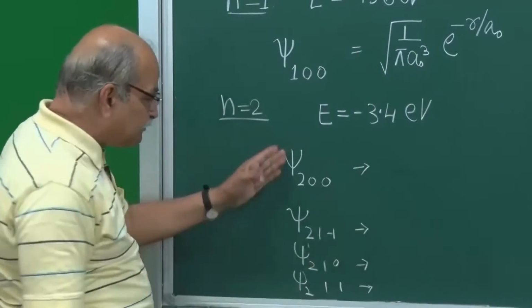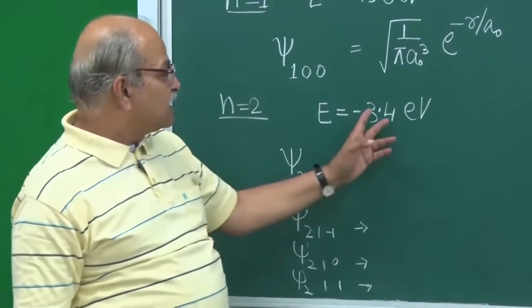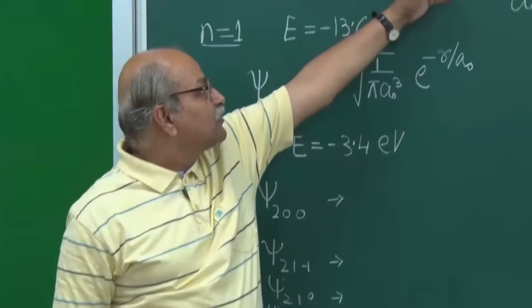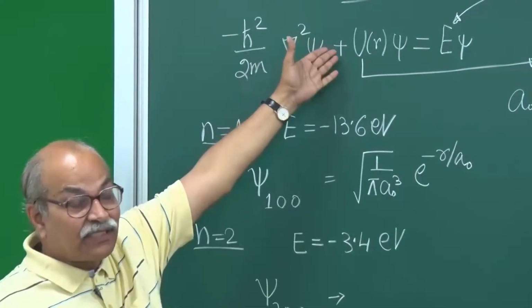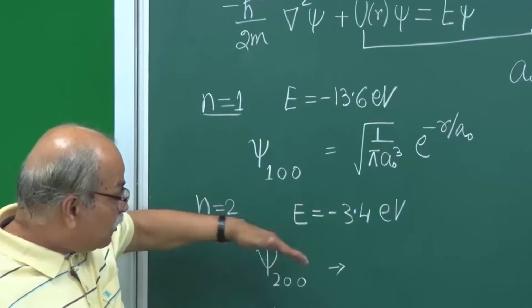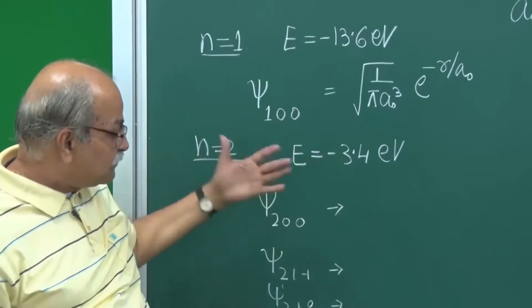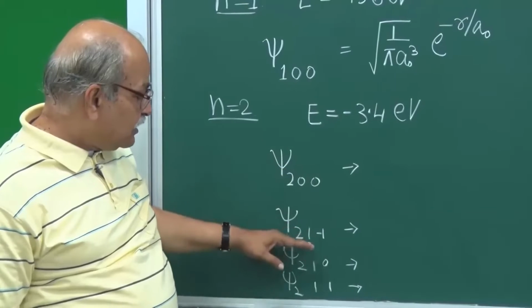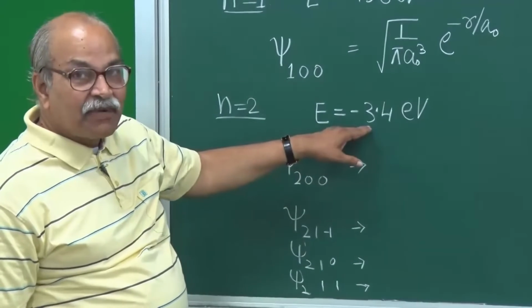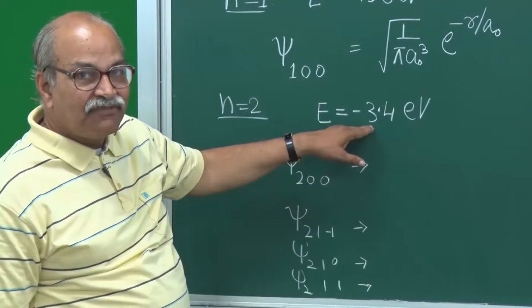There are 4 different functional forms, and with the same energy, minus 3.4 eV, they are solutions of this equation. So we have 4 allowed, independent functional forms, all corresponding to the same energy, minus 3.4 eV.